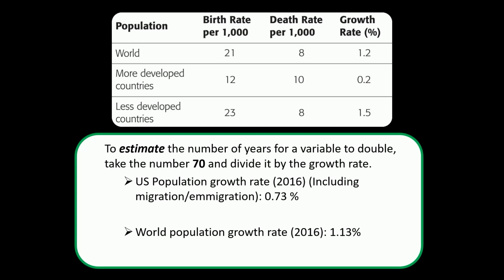In terms of the total human population growth rate on Earth, it's about 1.2% annually. So if the current population is 7.9 billion people and the population growth rate is annually 1.2%, we would expect that after we take all the new humans that are born this year and subtract all of the humans that died this year, we would net about 95 million people.